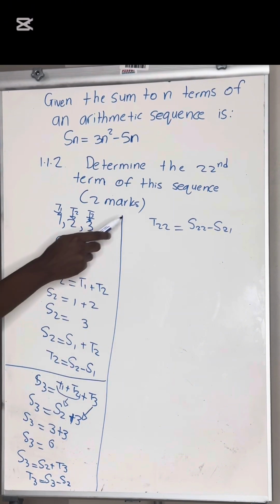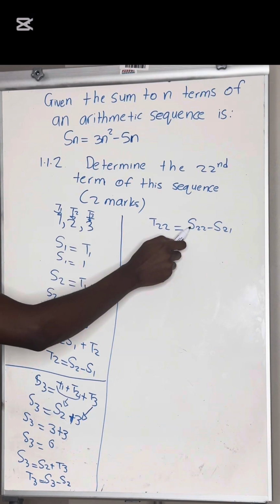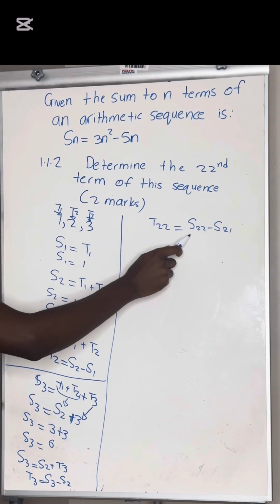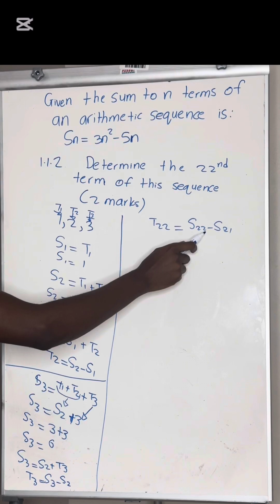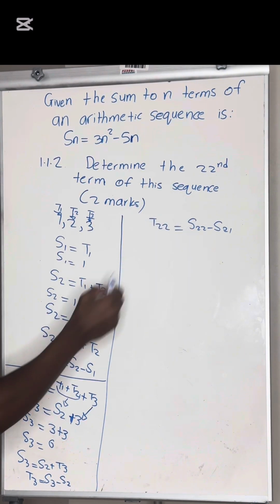So it's also the same principle that applies, that term 22 is going to be the same as the sum of the first 22 terms minus the sum of the first 21 terms.